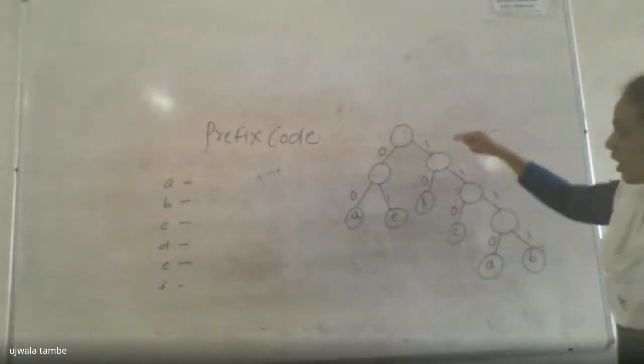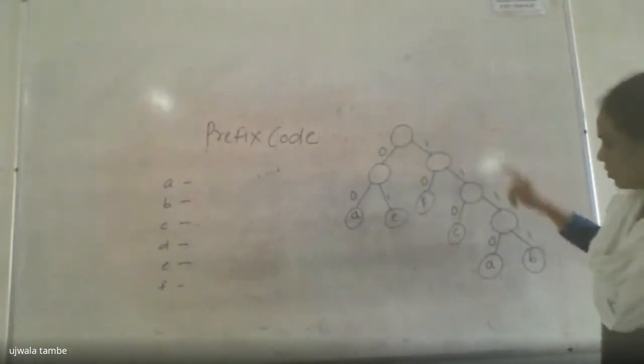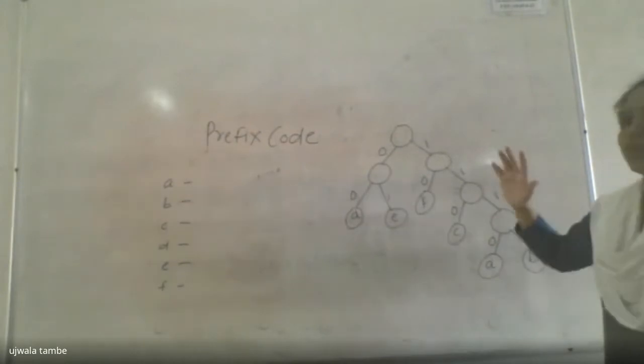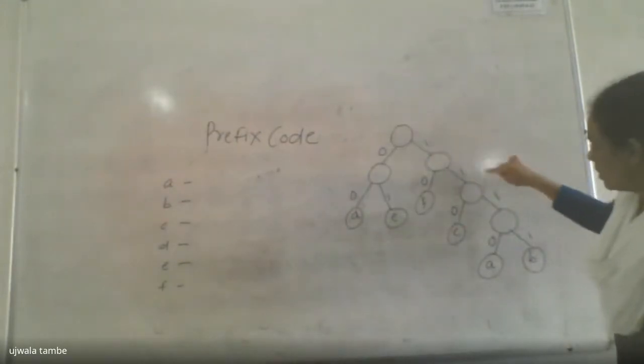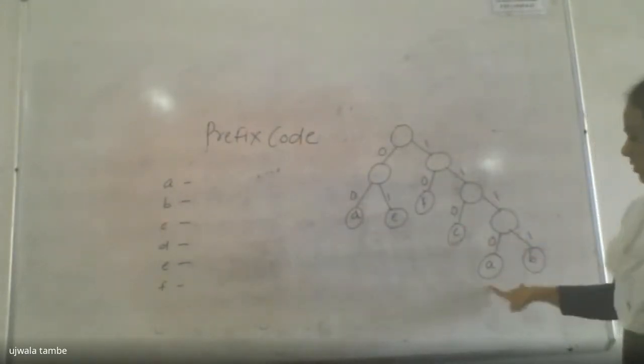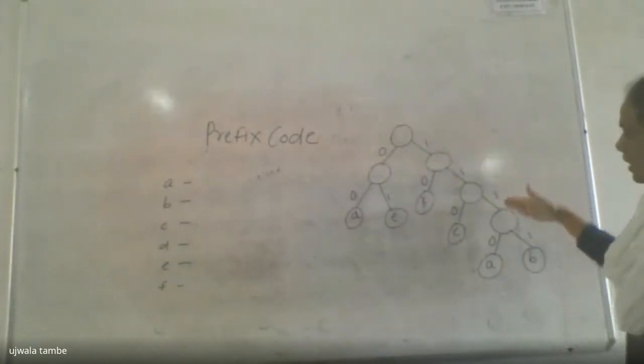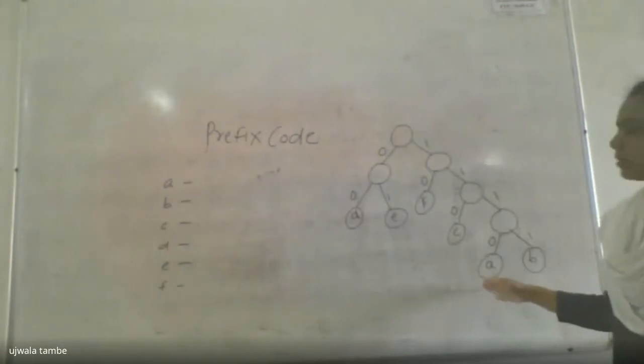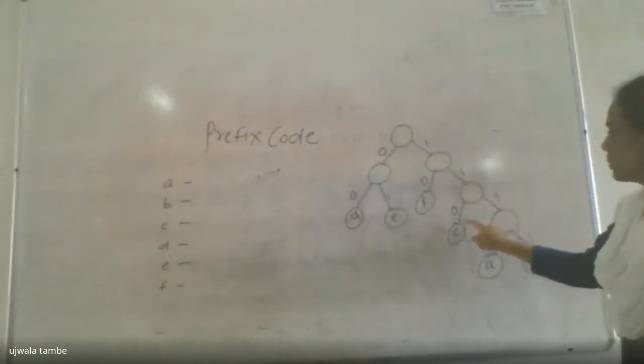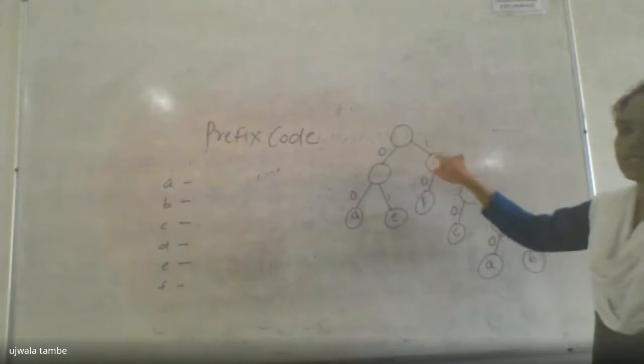We just have to count the values. For A, we travel 1 1 1 0. This is the prefix code for A. Just count the values located on the branches of the node. Branches means these edges; in a tree we call an edge a branch.